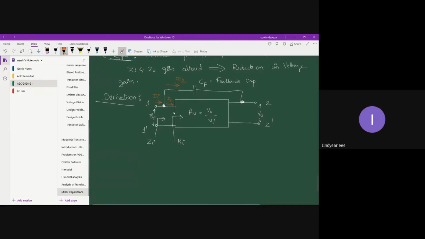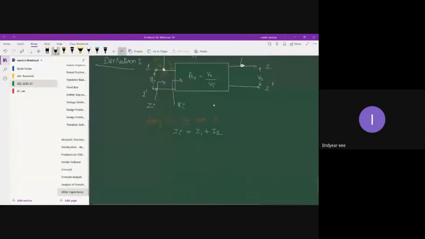Next, let us apply KCL at node A. When we apply KCL, we get input current II is equal to the summation of I1 and I2. Let's take this as equation 1.